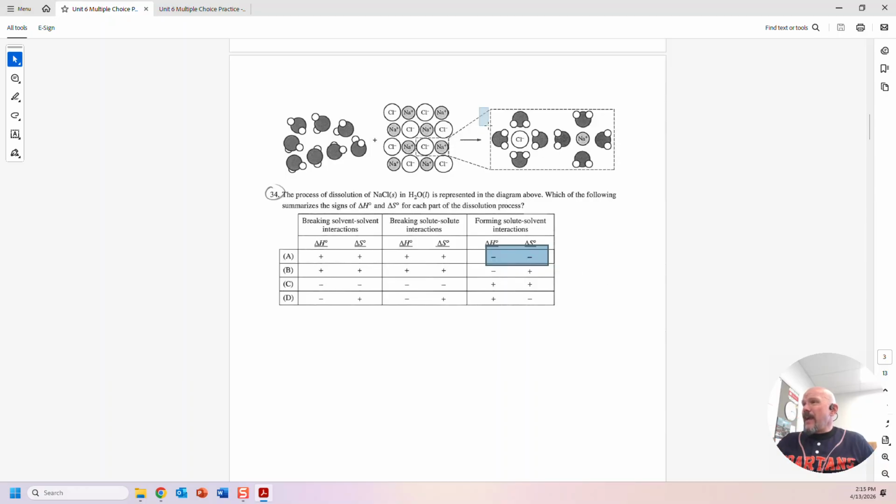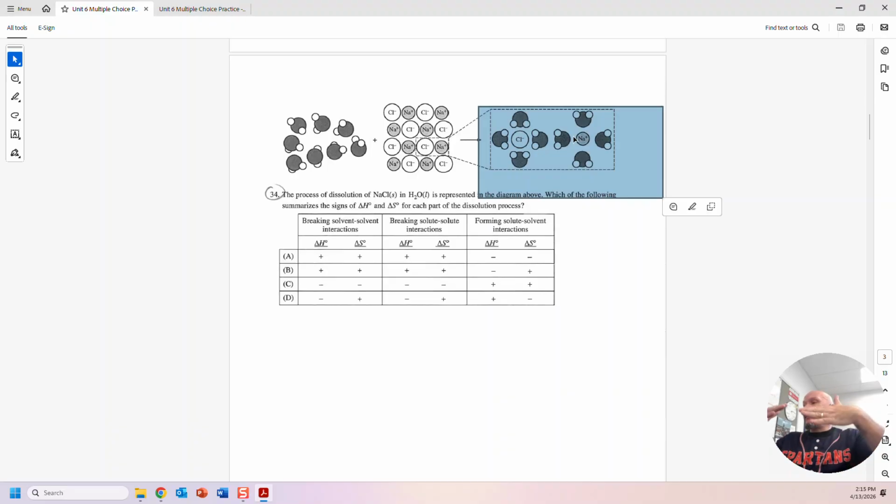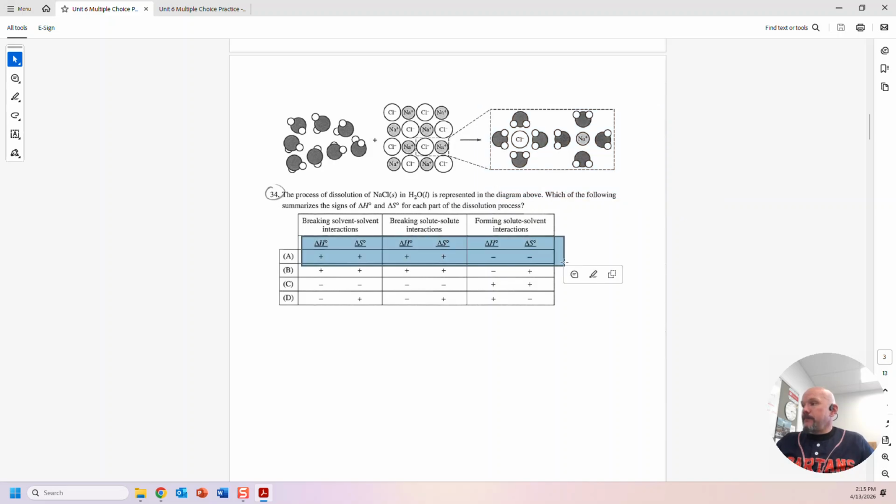And the picture gives you an idea. It's getting more ordered. So just this part, the ions arranging themselves around the water and the water arranging itself around the ions in the most stable way, meaning introducing the most attractive forces possible, brings the entropy down. So that part would be a negative delta S. So the answer ends up being A.